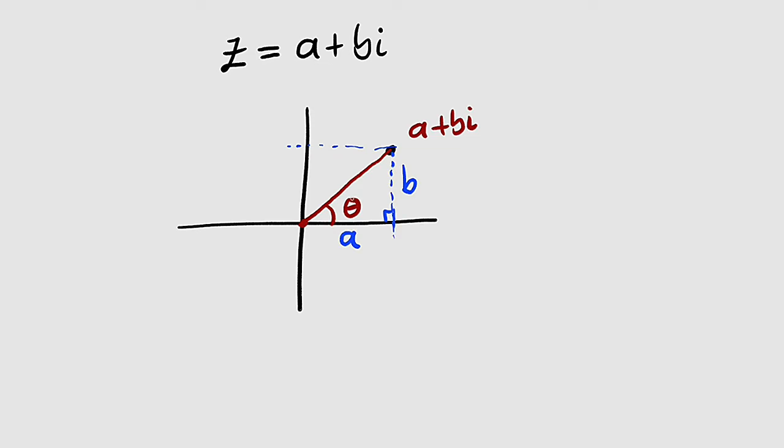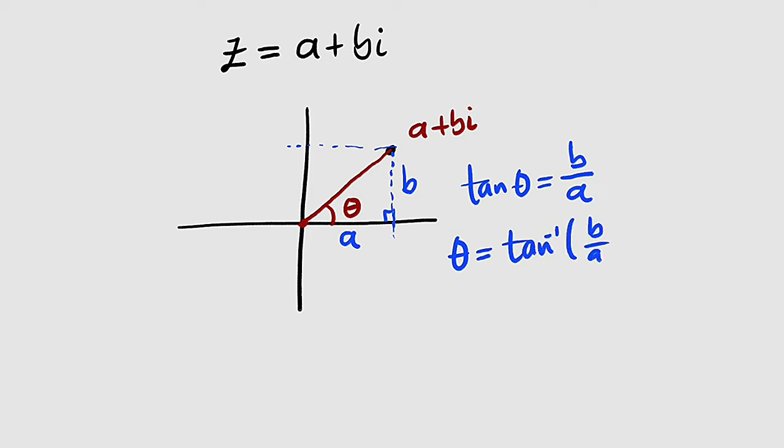So what is the relationship between this angle and these two sides, opposite and adjacent? It is tangent, right? So tangent of that angle, which is theta, will be equal to opposite divided by adjacent. The opposite is b and the adjacent is a. Therefore, theta can be obtained by taking tan inverse of both sides: tan inverse of b divided by a.